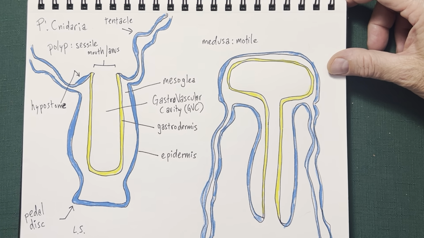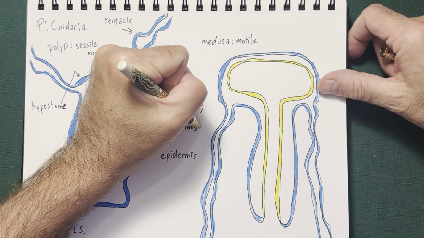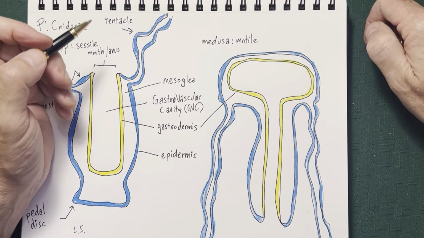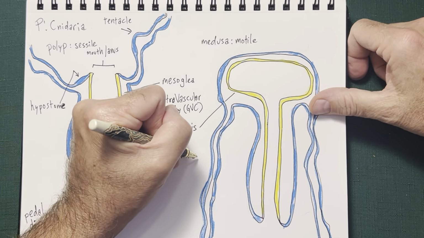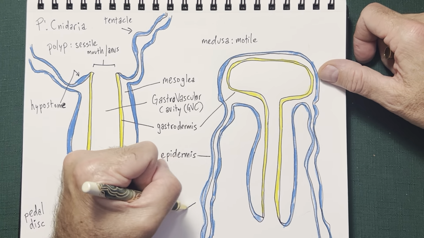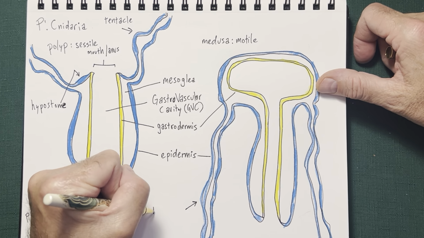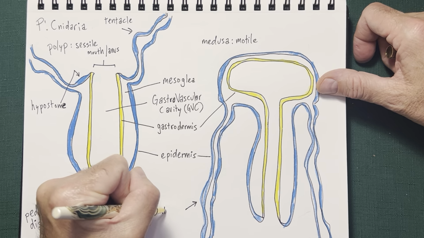Okay, pretty good. All right, so again, we've got the yellow to indicate that that is gastrodermis. We've got the blue to indicate that that is epidermis. It's kind of hard to draw an arrow from over there all the way over here, so I'll just go ahead and label this again.